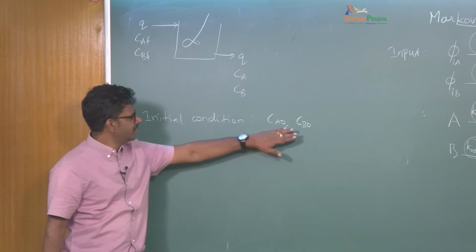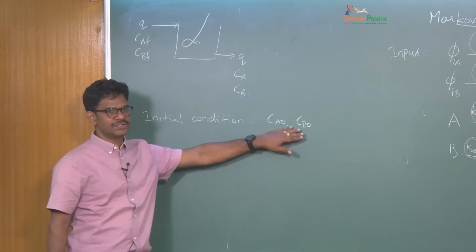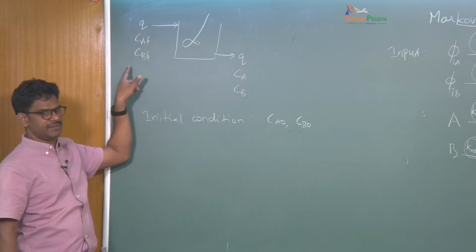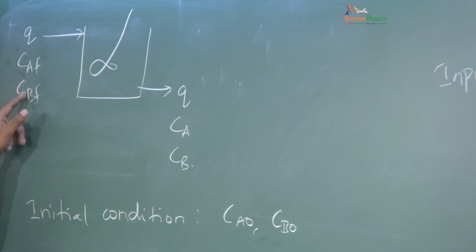To distinguish between the initial concentration in the reactor and the feed, I am using CAF and CBF. These are all feed concentrations and they can be different, and one of them can be 0, that's also fine. CBF can be 0, for example.